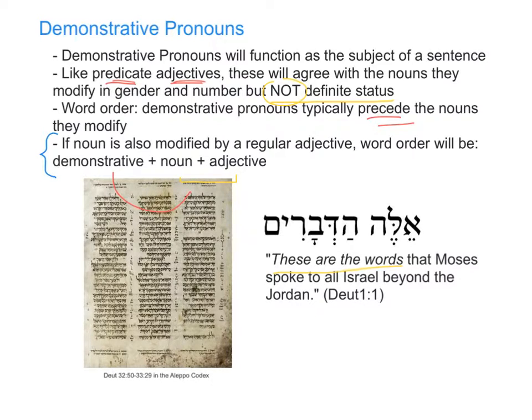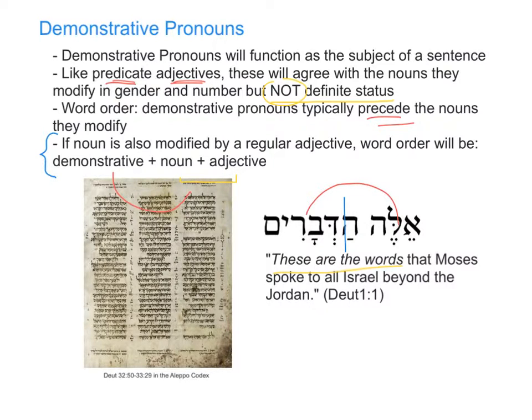We could also carve this up a little bit and see that in fact what we have is agreement in gender and number. Remember, eleh was our plural. In this case, it functions as a masculine plural, where we have agreement with devarim. They're both plural, they're both masculine.